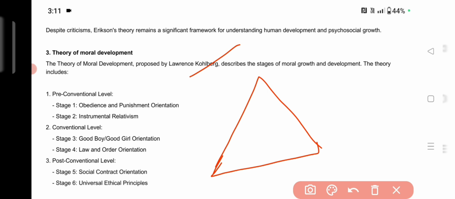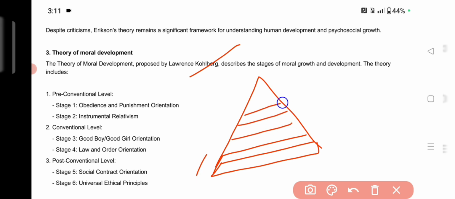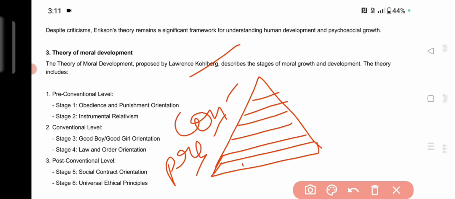From stage 1, stage 2, that means each stage has two levels, and stage 2 has two levels, and stage 3 has two levels. The first stage is the pre-conventional stage, the second stage is the conventional stage, and the third stage is the post-conventional stage.